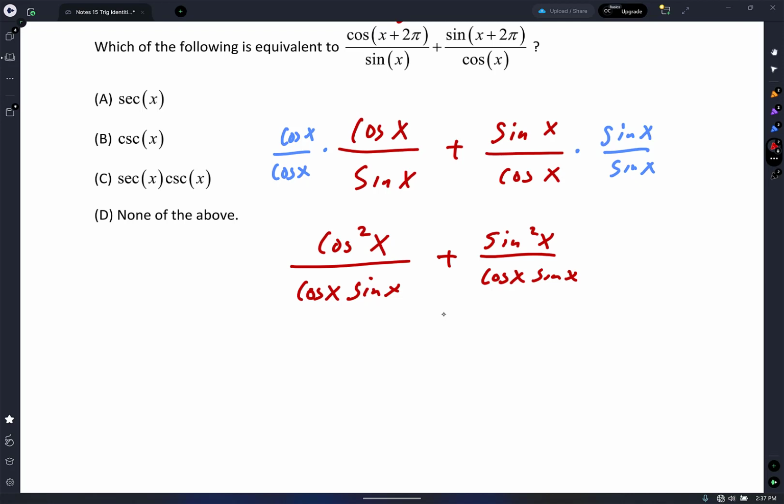Yes, so I can just write it as one term, cosine squared x plus sine squared x all over cosine x sine x. Catch up to here. And then hopefully something's going on in your brain that says, I see the Pythagorean formula again. Cosine squared plus sine squared equals what? Equals 1.